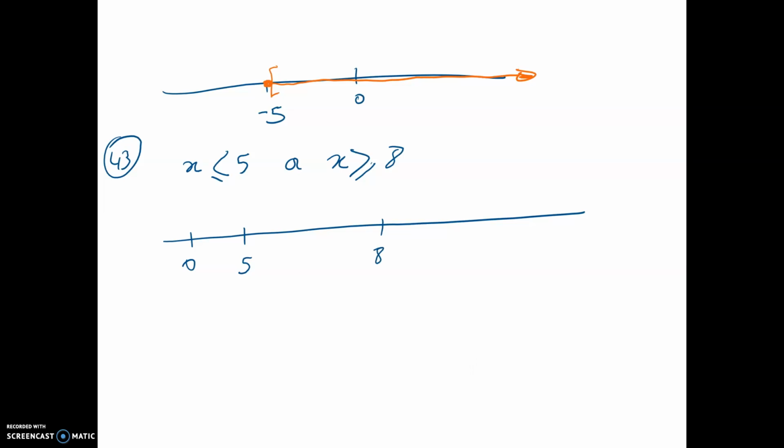X is greater, so I'm going toward the right. I have an equal, I am going to use a bracket. X is less, I am going to the left. There is an equal, I am going to use a bracket.